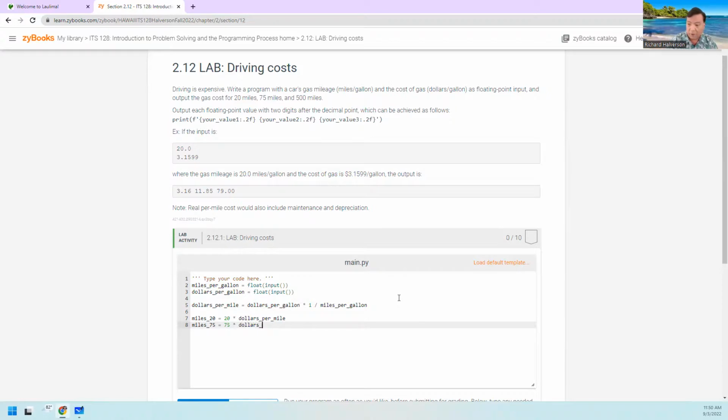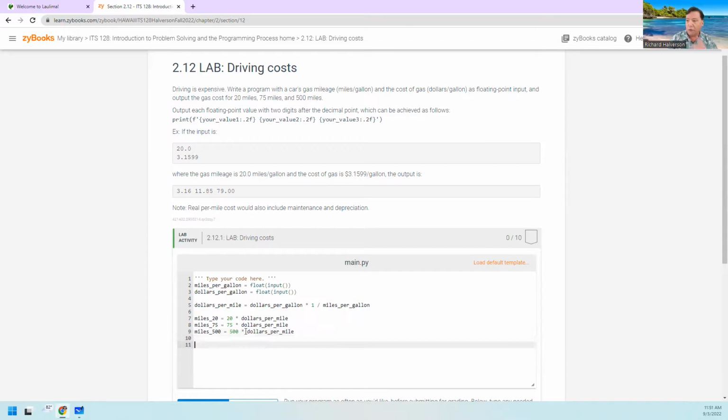I hope this is right, I haven't looked at my notes. And miles 500 equals 500 times dollars per mile.